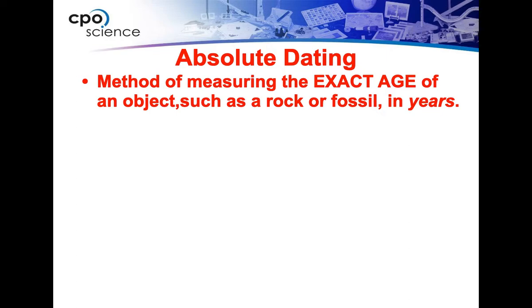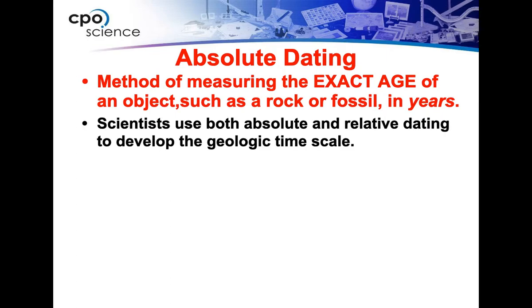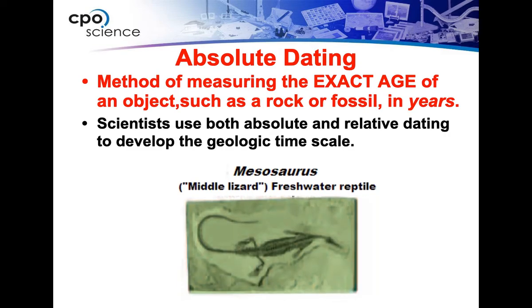When we absolutely date rocks, we are assigning an actual age to them. Scientists use both of these things to help develop the geologic time scale that we've talked about in this section. So it's not just absolute dating, it's not just relative dating. They use both of these as clues to put together that geologic time scale that we know of.